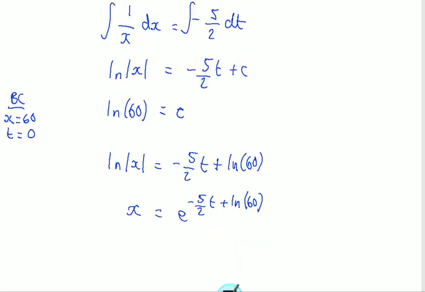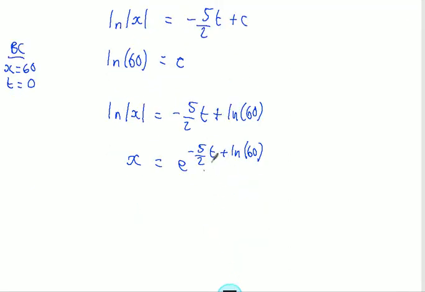And then of course, using our index laws, we know that we can multiply these terms together. So therefore, that's going to be like that. And e to the ln 60.